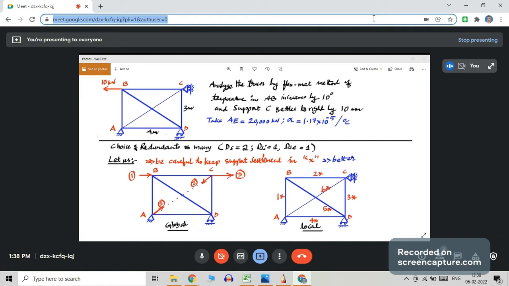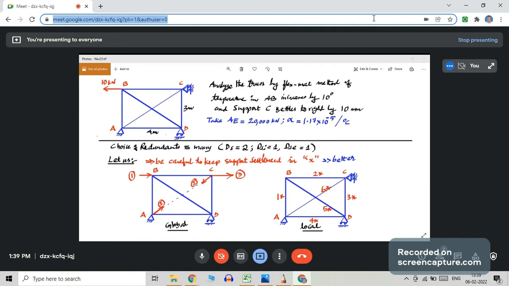If you study this problem, all the issues related to the flexibility method, truss solution, all types of loading, that is temperature, active loading, or support settlement, whether in small x or small r, can be solved.